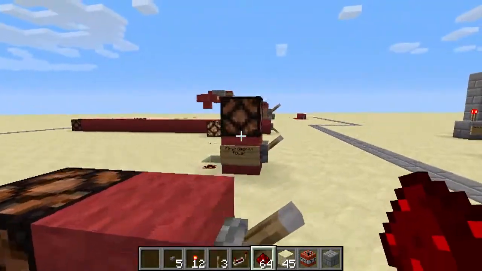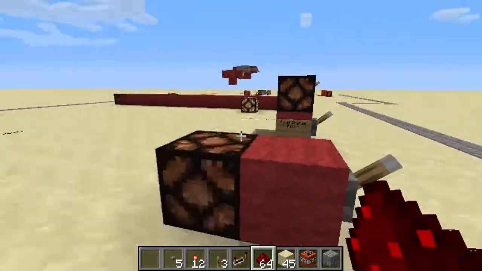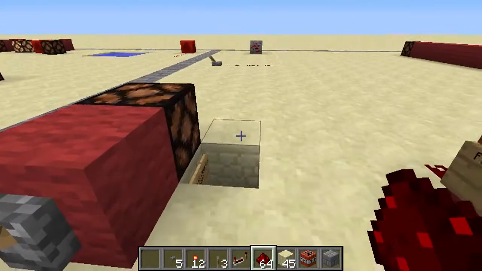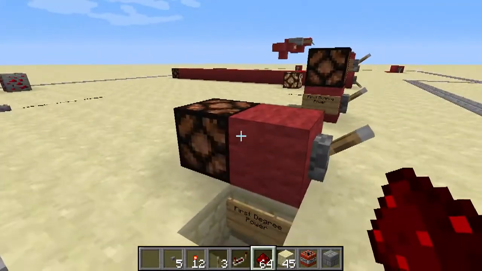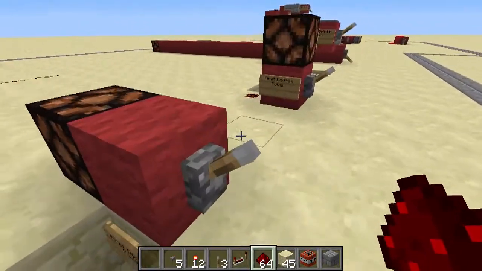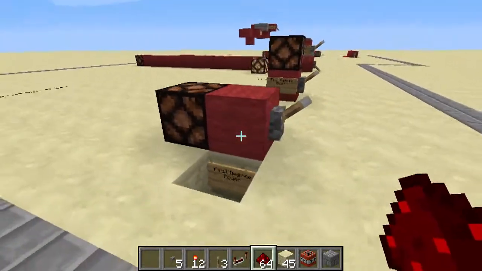So this right here is our first concept that we need to understand when talking about Redstone Dust, and that is the concept of first degree power and second degree power. And Redstone Dust is quite important when discussing this.